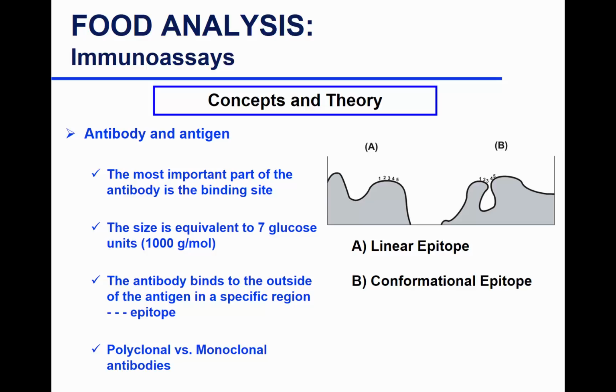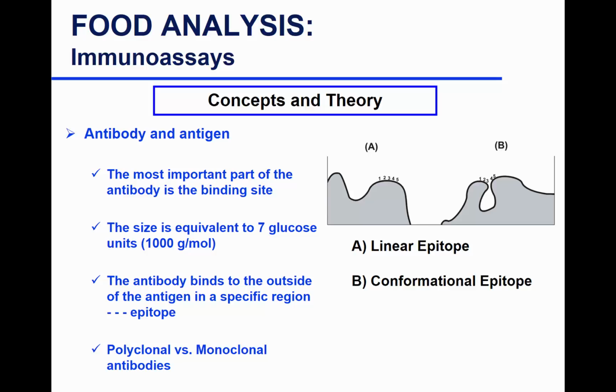So if our antigen is a protein, oftentimes you might hear a linear epitope versus a conformational epitope. So what does that mean? You know that a protein is made of a linear sequence of amino acids. But also it's not like a single strand. It kind of folds up and has a structure.